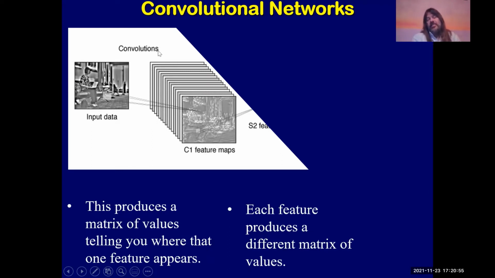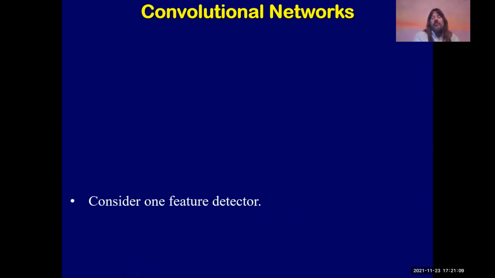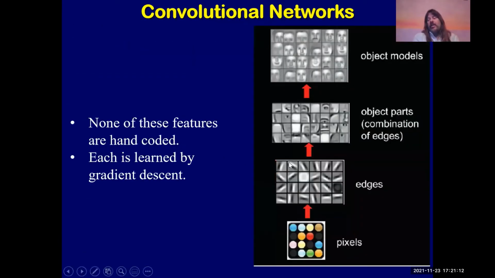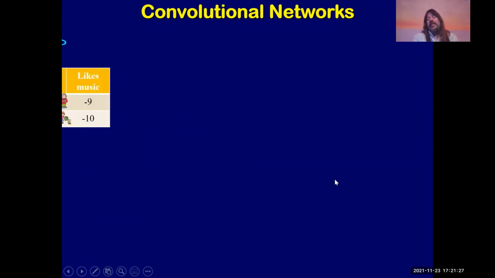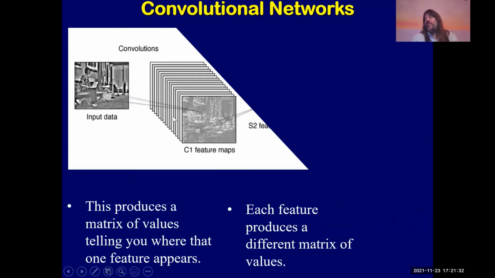But there are many of them, because we'll learn many features. Back to this image, here are lots of different features, and for each of these features, we could say, where does this feature appear in the image? Each of these are little filters probably, and for each of them, we will get a matrix like this saying where that feature appears in the image.